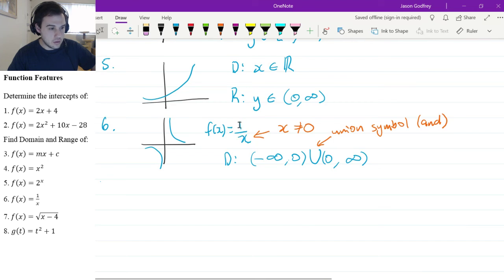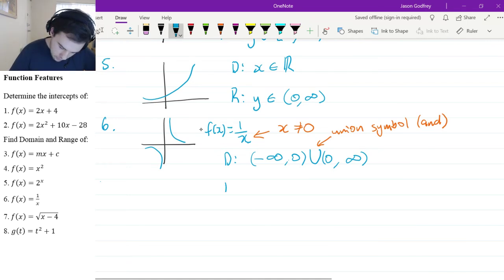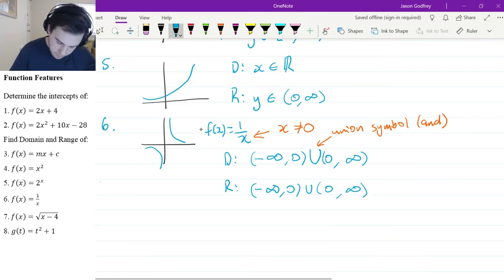So because it's already got 1 on the top and not 0, we're never going to get the number 0 as an output either. So the range will be the exact same: negative infinity to 0, unioned with 0 to infinity.